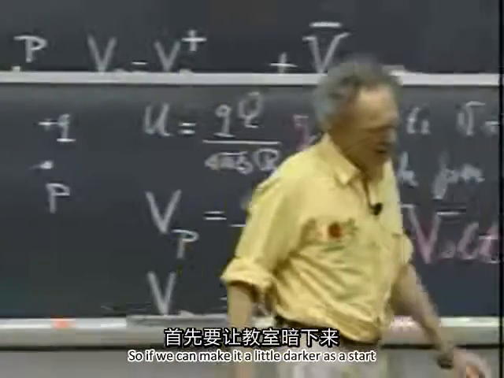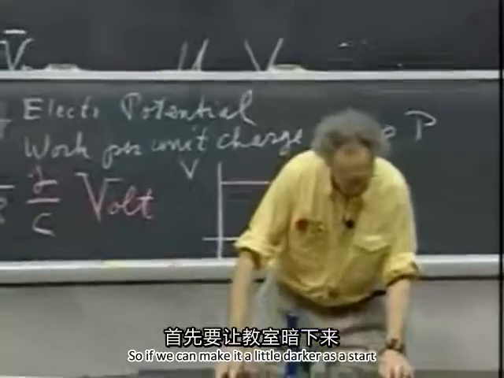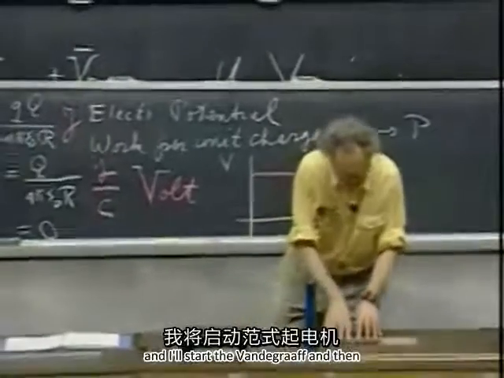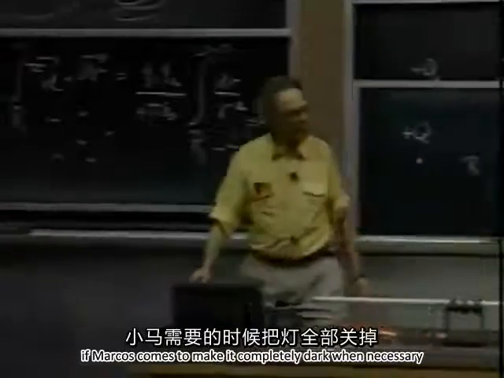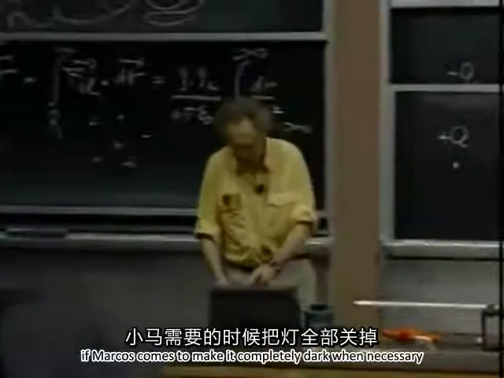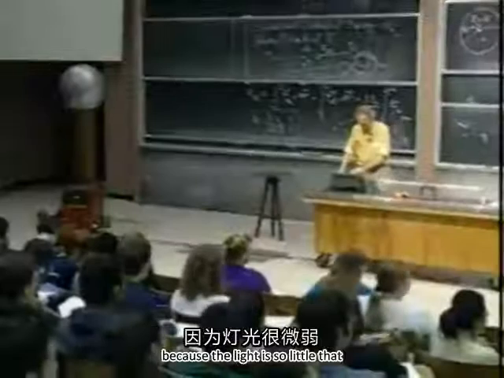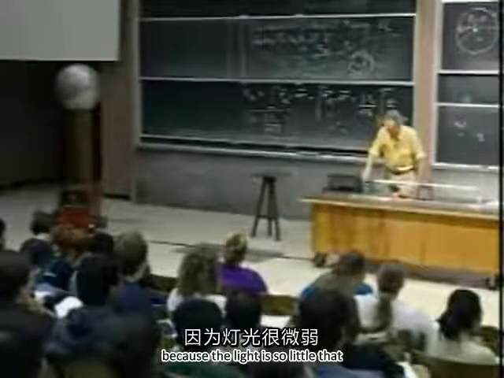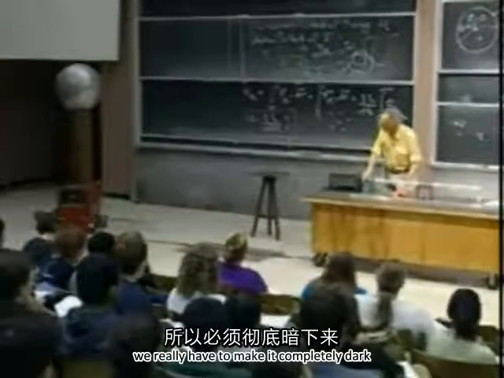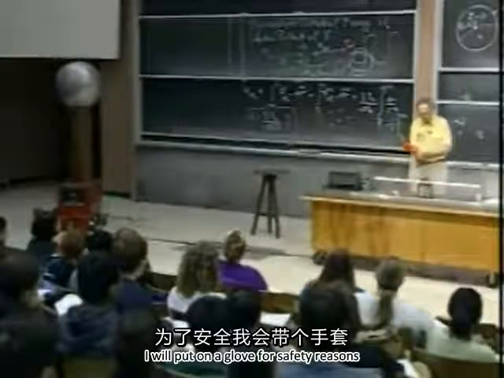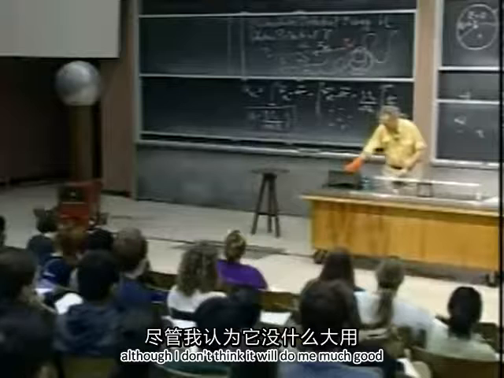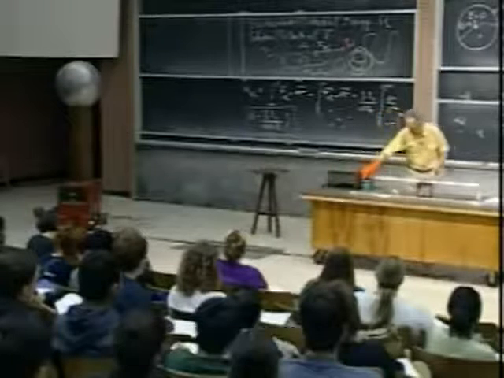So if we can make it a little darker as a start, and I'll start the Van de Graaff. And then if Marcos comes to make it completely dark when necessary, because the light is so little that we really have to make it completely dark, I will put on a glove for safety reasons, although I don't think it will do me much good.